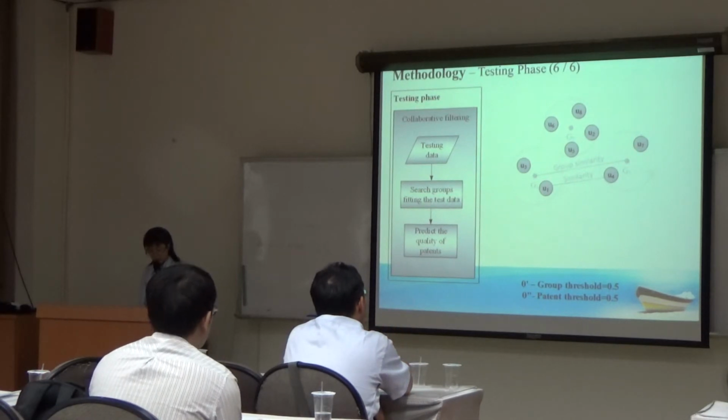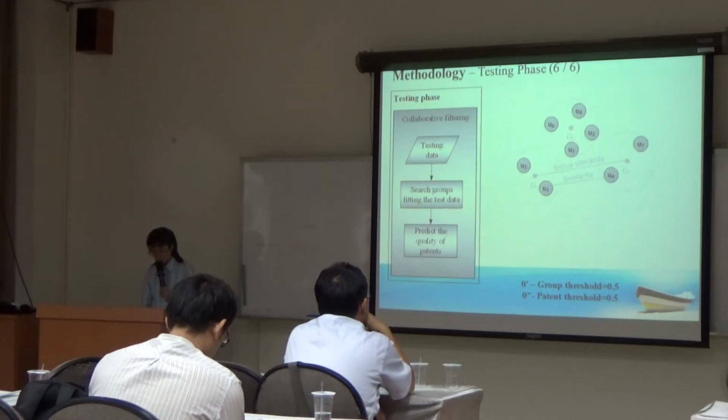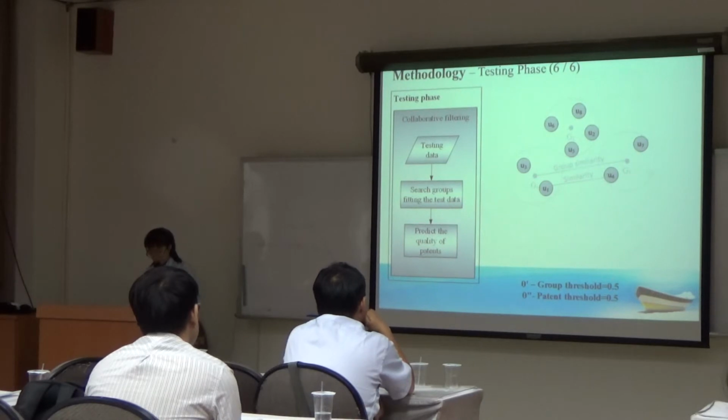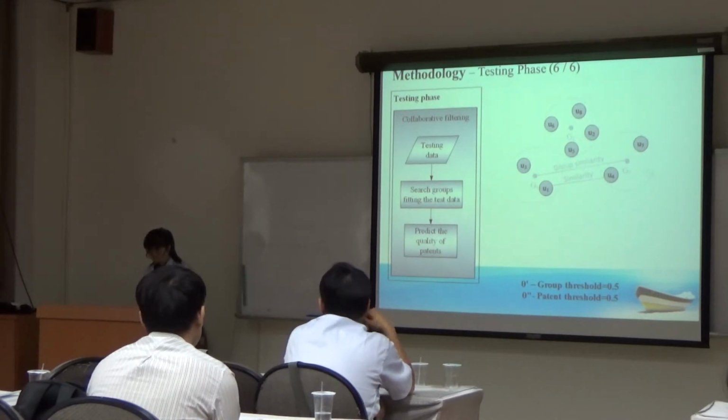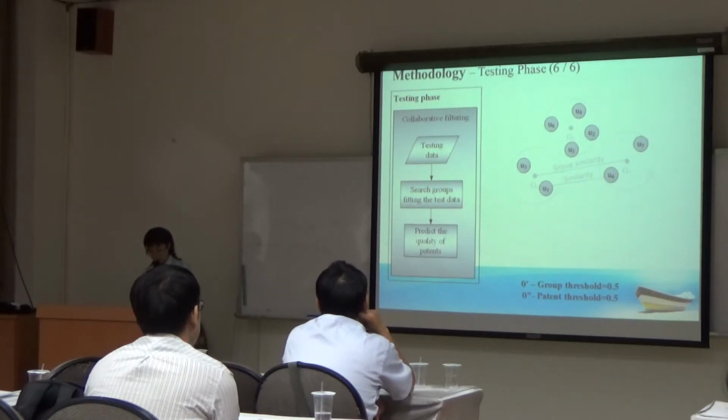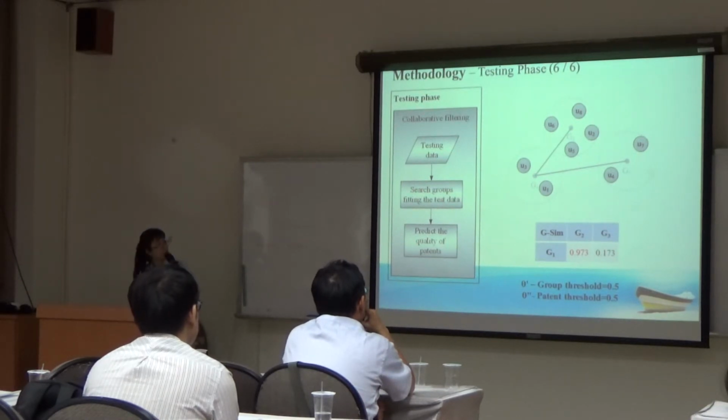In this mechanism, we set 2 thresholds, the group threshold and the pattern threshold, both 0.5. First, we calculate the affinity of G1 and G2, and G1 and G3, as shown in the table.